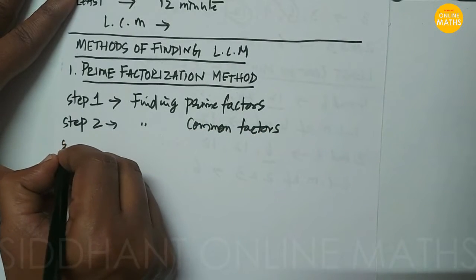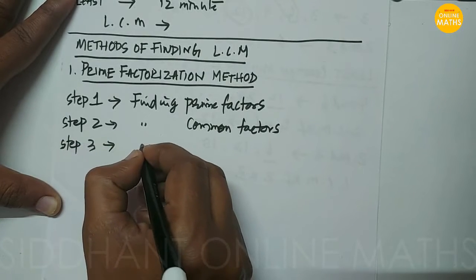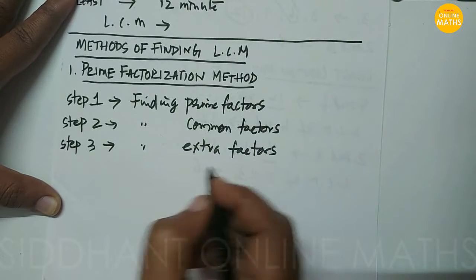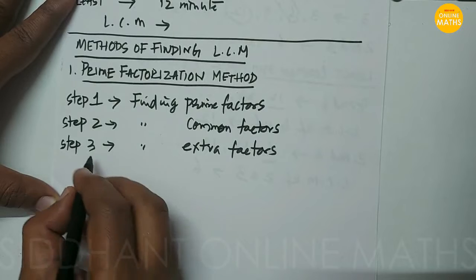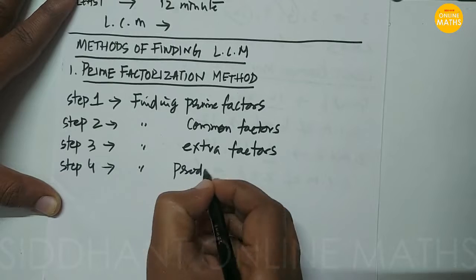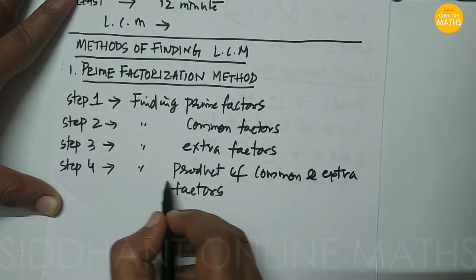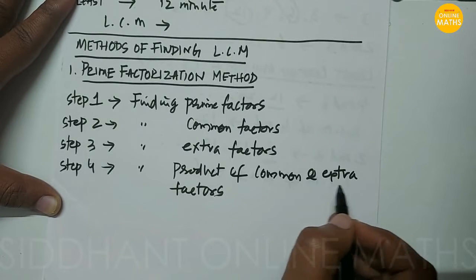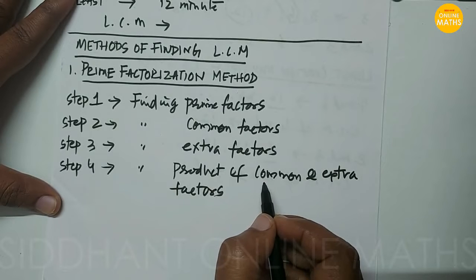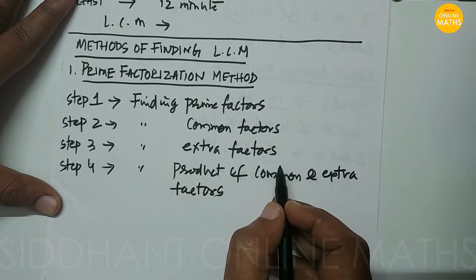Step 3: finding the extra factors. Step 4: finding the product of common and extra factors. So these are the steps we are going to follow. With a few examples we will discuss the prime factorization method.